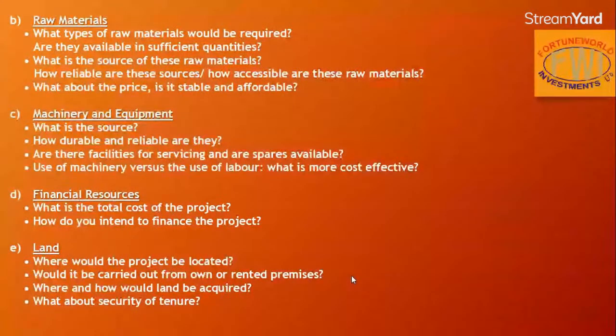Explain how you are going to get that particular land. Are you going to buy that land, buy it off someone, or are you going to apply to the council for that land? Or are you going to ask the chiefs so that they give you traditional land? So there are so many ways of addressing that issue of land.